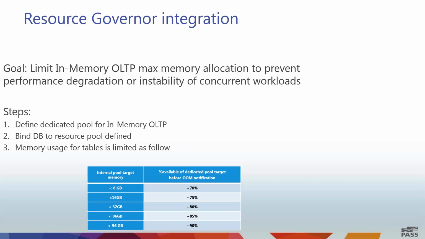The user table data will have this max, and it will also depend on how big the pool is. If your pool is only 8 gigabytes, you will get at most 70% of it. If you have something close to 100 gigabytes, you will get about 90% of it. We want to make sure that the system remains stable even if you have a bit less memory, and therefore we need to reserve enough memory for the system to remain stable.